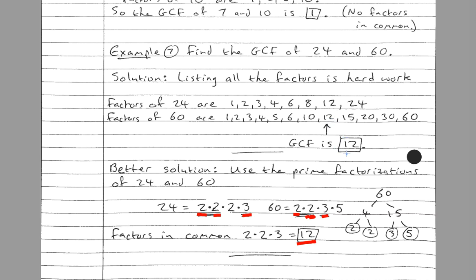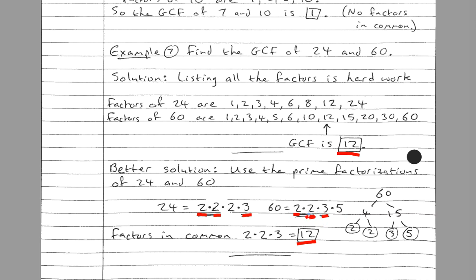Okay, so that's the same answer, but especially for big numbers, this is a better way to find the greatest common factor. So we can see 24 is equal to 12 times 2. 60 is equal to 12 times 5.